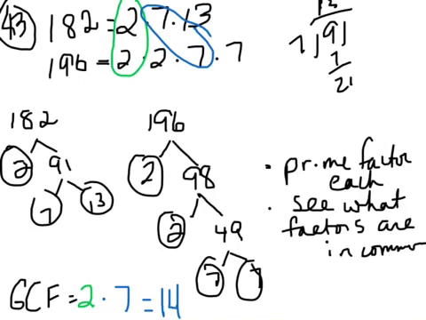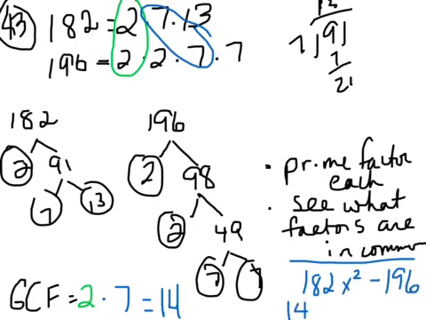And again, this is going to matter to us in a section or two, probably even next section, because they could have given us a problem like 182x squared minus 196, and we're going to have to factor it. So the biggest thing I can pull out of there is a 14. The good thing about prime factoring it is, if you know that you're pulling a 14 out of 182, doesn't that mean that the only thing left is a 13, since you've prime factored it?